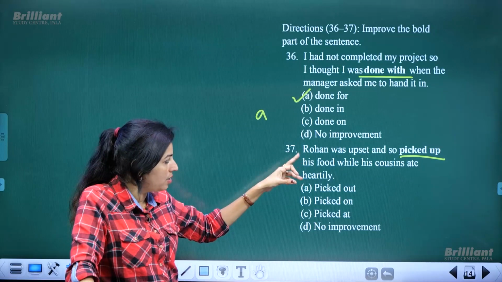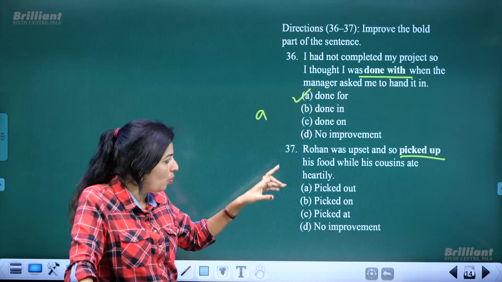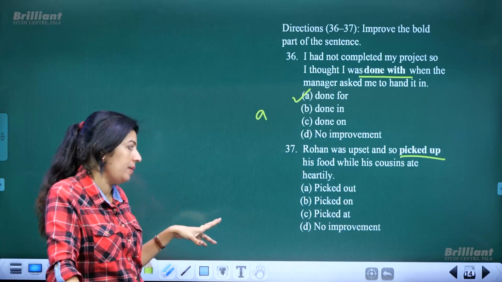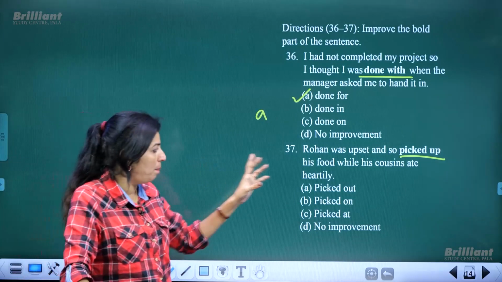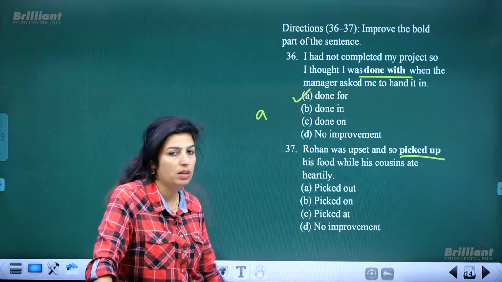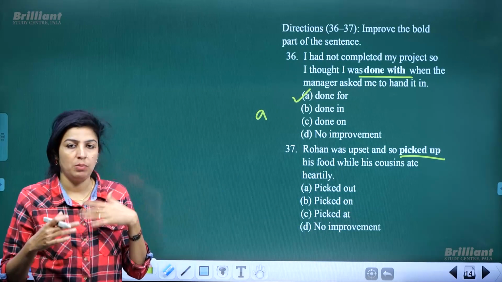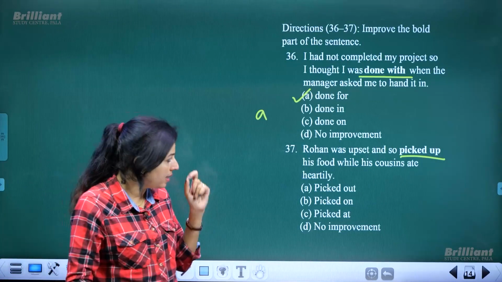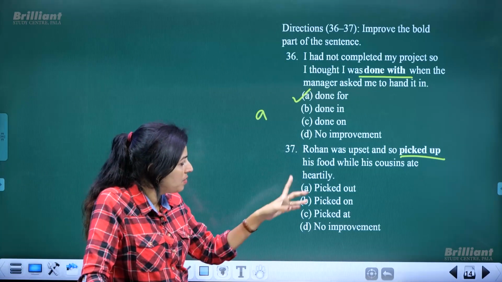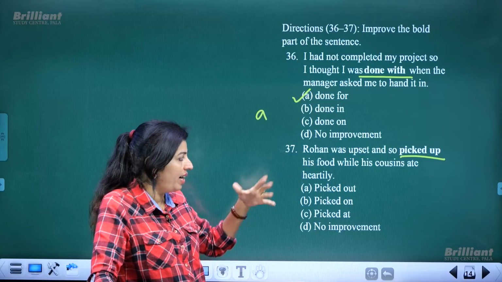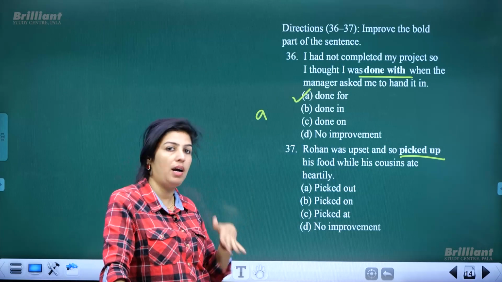"Rohan was upset and so picked up his food while his cousins ate heartily." Picked up is the bold phrase. Rohan was emotionally upset, and that's the reason why he picked up his food while his cousins who were dining with him ate heartily.